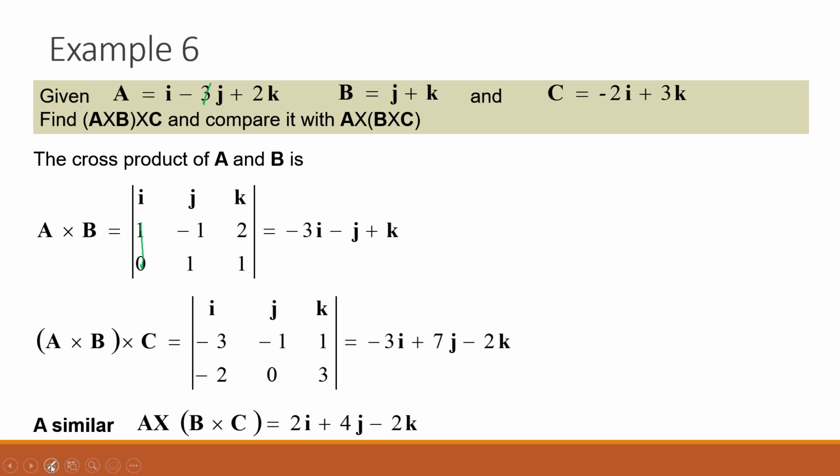Then component j. Remember component j has a negative sign, so 1 times 1 is 1, minus 2, so you have negative j.